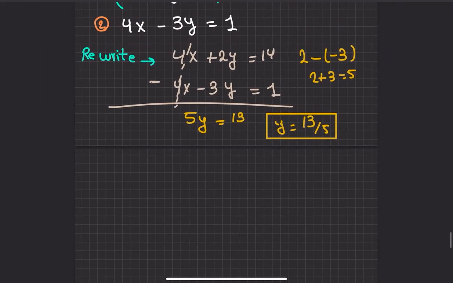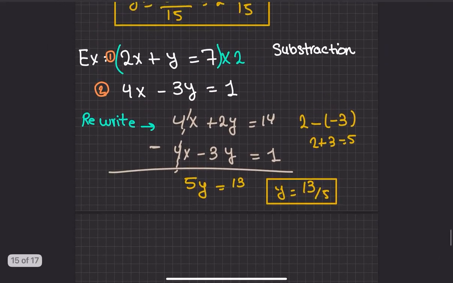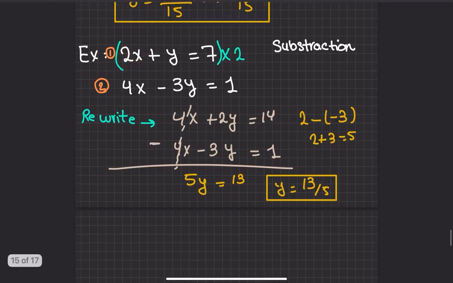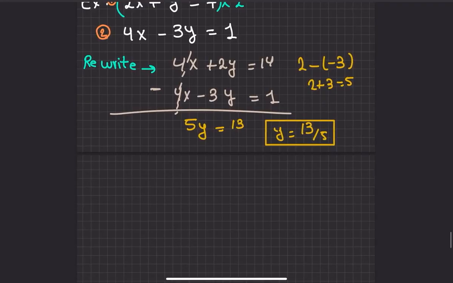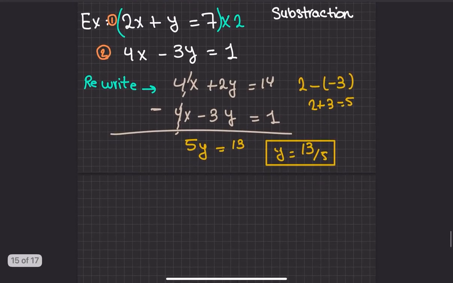Okay, so I have to choose one of the original equations in order to find x. I'm gonna choose the first one because, as you can see, beside x I have the number 2. Number 2 is an easier number to handle than number 4 if I compare these two to each other.